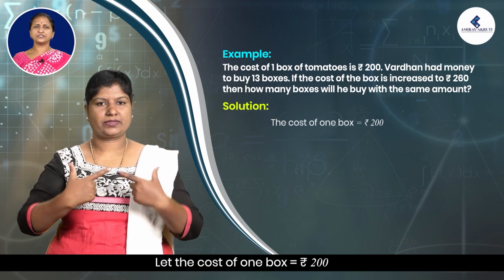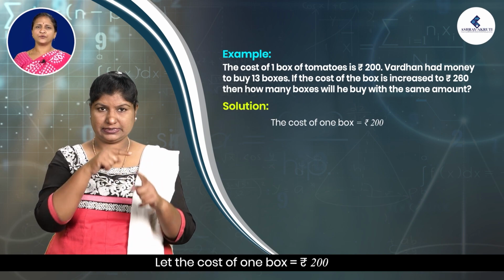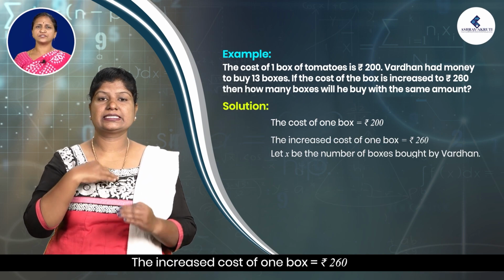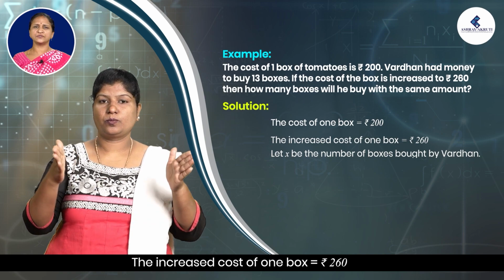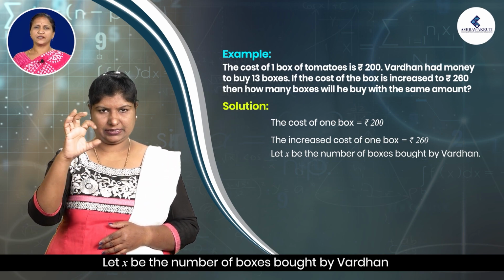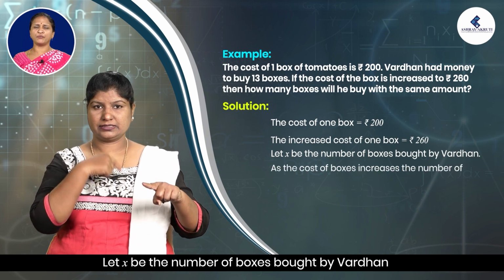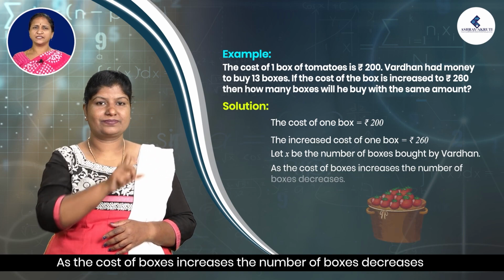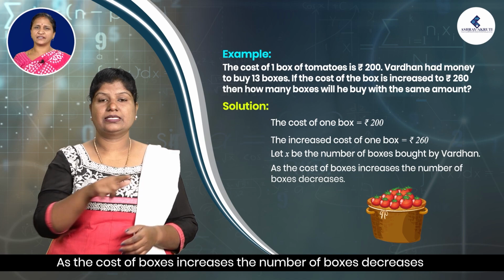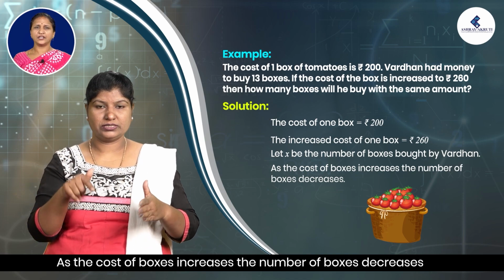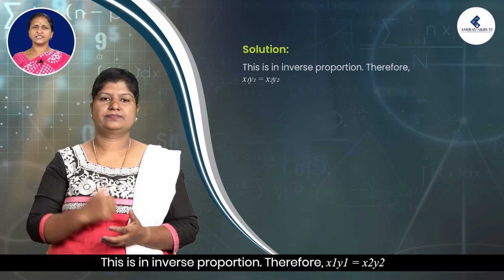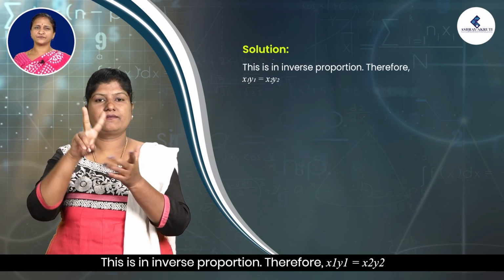The cost of one box is 200. The cost of one box is 260. Let x be the number of boxes bought by Vardhan. As the cost of the box increases, the number of boxes decreases. This is in inverse proportion.